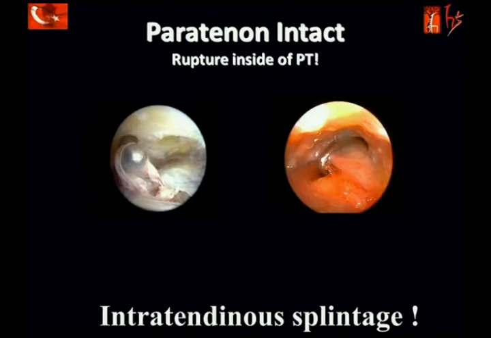If there is no problem in the paratenon, look, this is the intact paratenon, because I find the ruptured area when I put my probe inside the paratenon. You can do conservative treatment, but it is impossible to see with MRI.